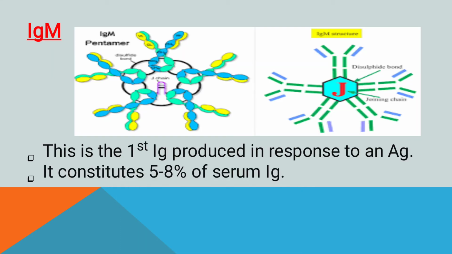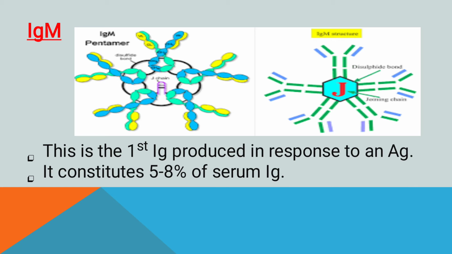Next, moving on to the next class of immunoglobulin, that is IgM. IgM is a pentamer as you can see in the figure. It has 5 protein subunits which are joined together at the center with the help of the J chain or joining chain. This is the first immunoglobulin produced in response to an entry of antigen.